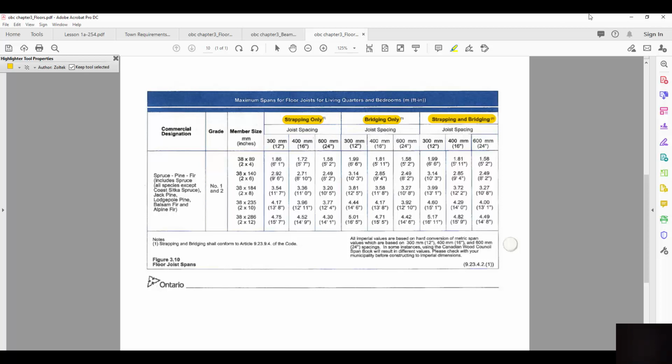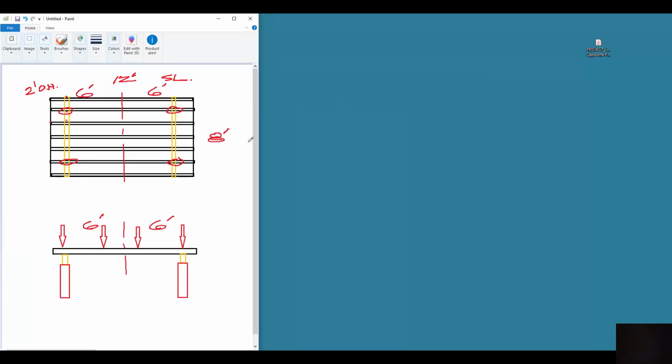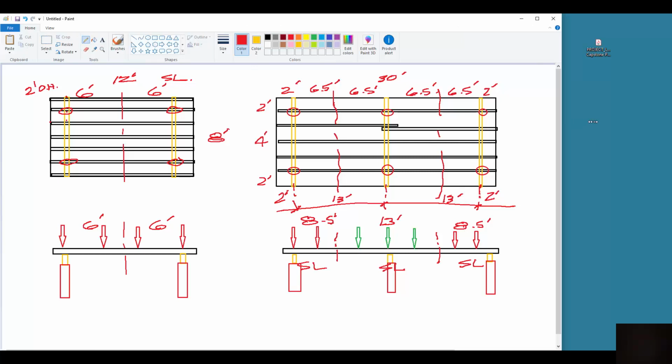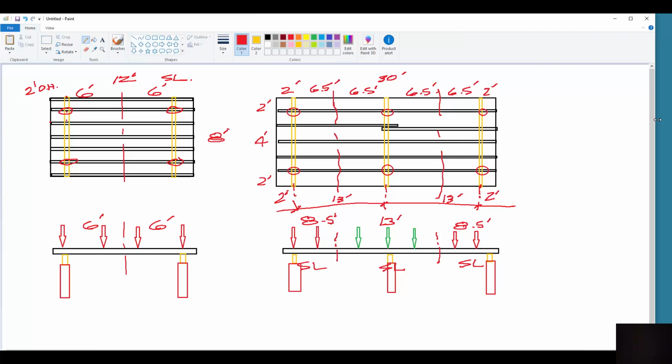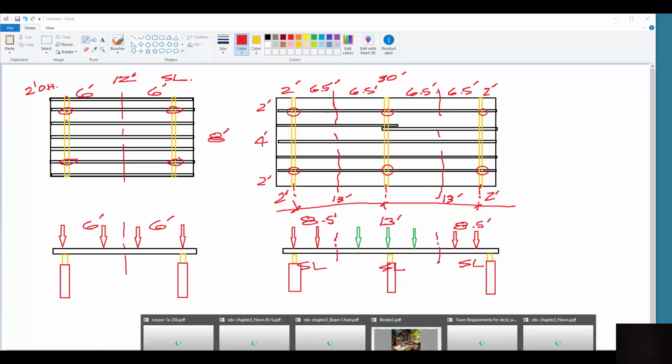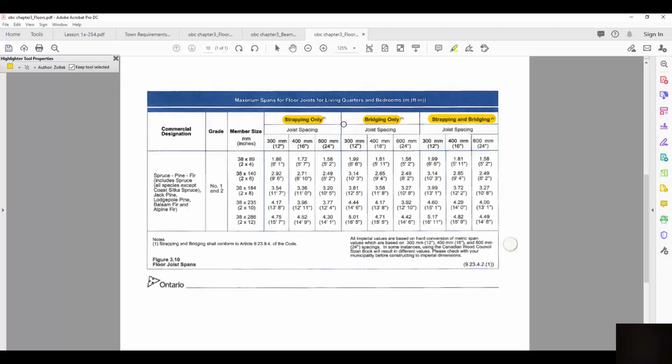The spacing of material. You'll notice in here, let me just scroll that out, I drew the floor joists along here. The spacing is the distance between these floor joist members. That's something that we have to be aware of and look at the code to determine what the spacing will be. So we try to use 16-inch centers in all cases.